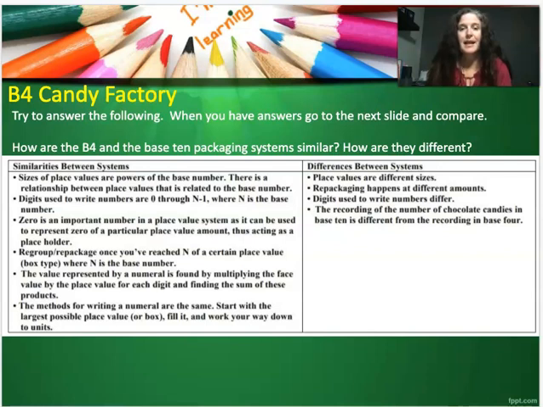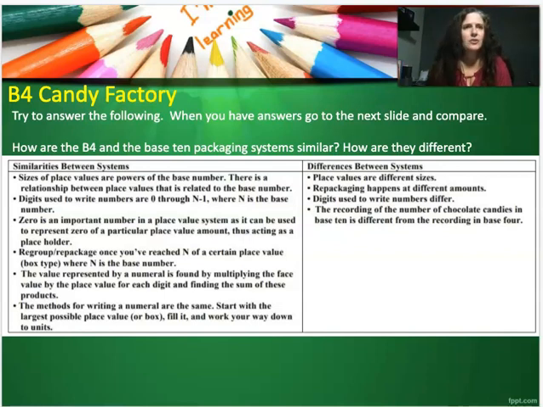And the digits that we use are 0 through n minus 1. So for example, in base 10, we go 0 through 9, so the n minus 1 is 10 minus 1. In base 4, we go 0 to 3 because 4 minus 1 is 3. So you could actually start to make some connections. What do you think base 2 would be? What digits would it use? Or base 5? Or base 7?